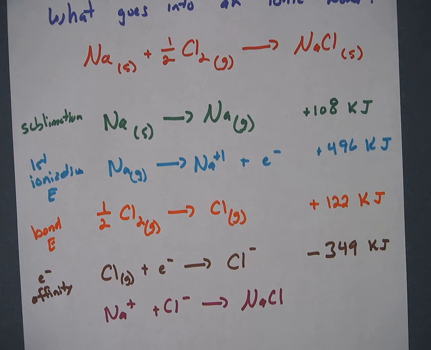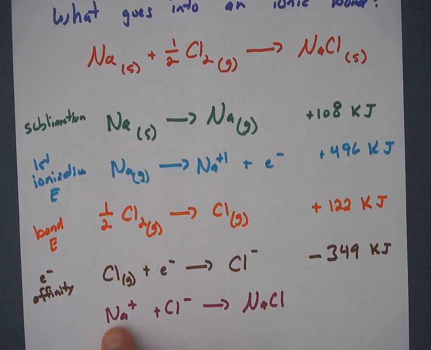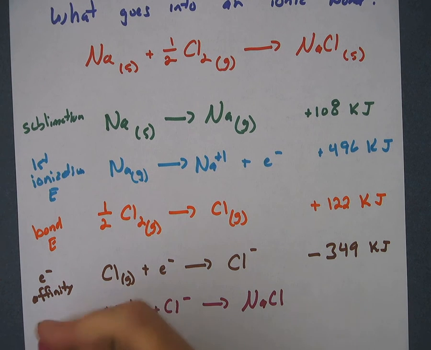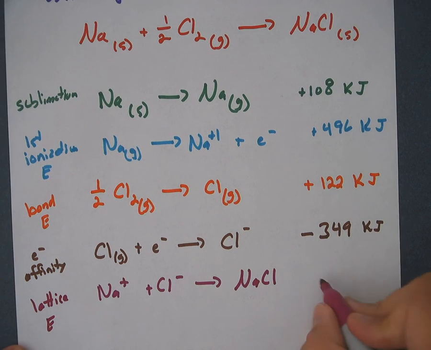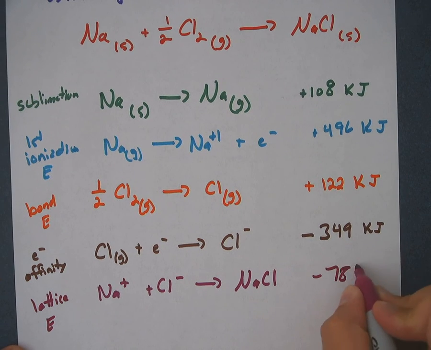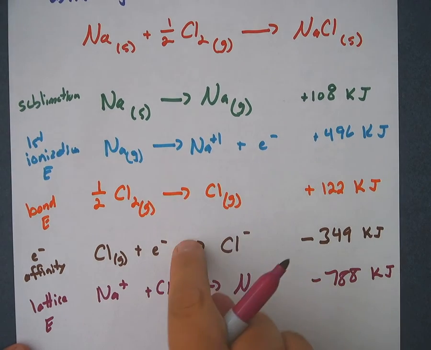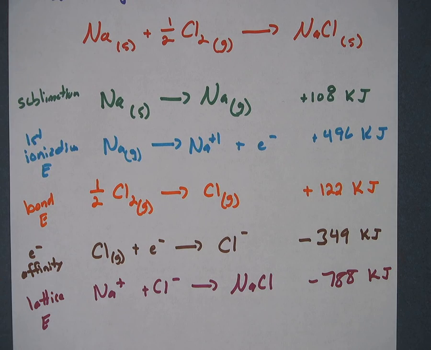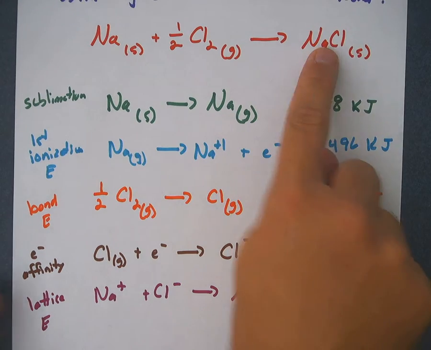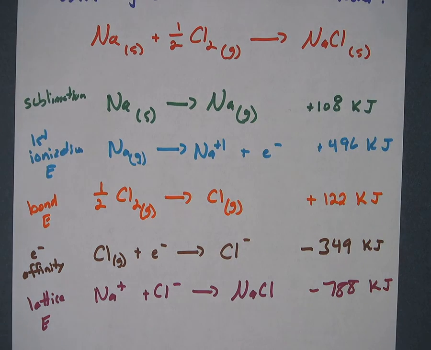You should have just watched a video explaining that when positive and negative ions attract, we call that lattice energy. Lattice energy for ionic compounds is quite strong. Look at this, negative 788 kilojoules. All 5 of these steps occur for this red original reaction to proceed.